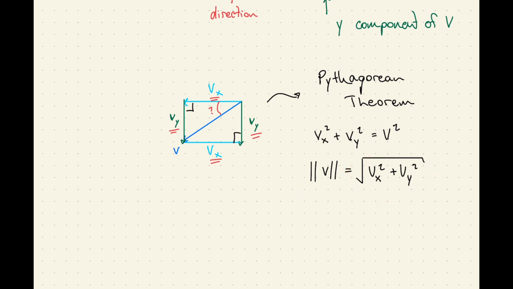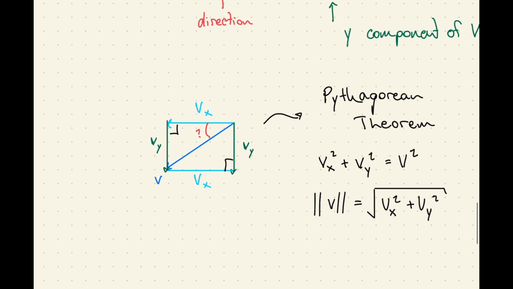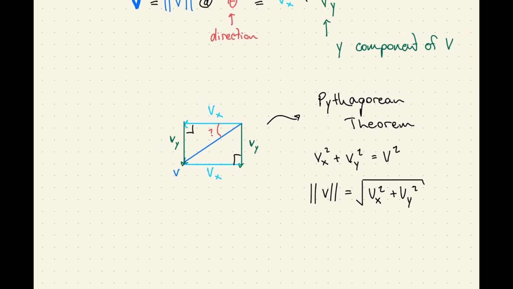So if you have these x and y components, then you can find the length of your hypotenuse of the triangle using Pythagorean's theorem, and you can find all sides of the triangle.